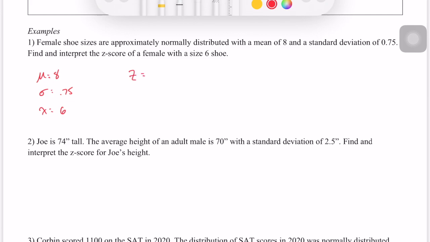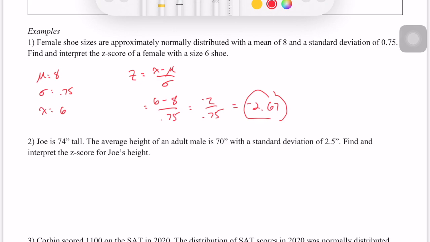I like to write down every time I use an equation in its pure form and then go ahead and substitute. And there you have it. So negative 2 over 0.75, negative 2.67. So we'll go with that.